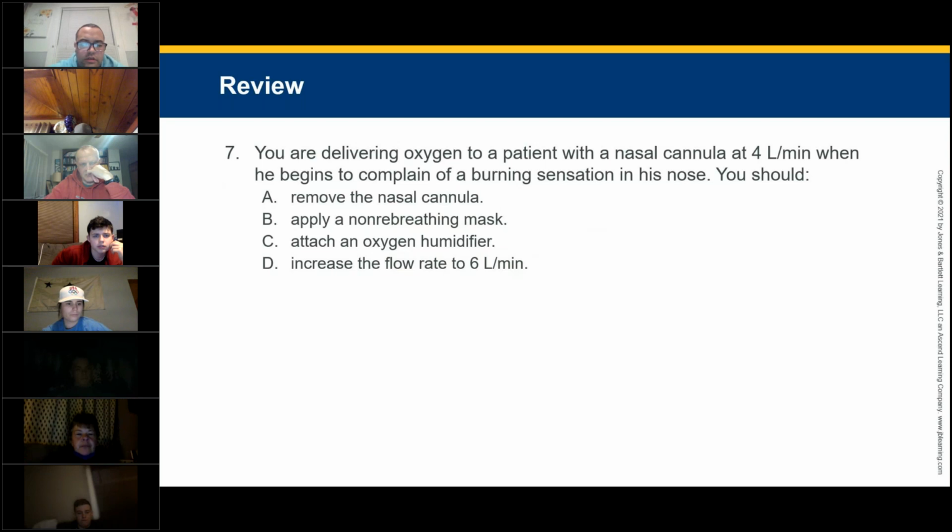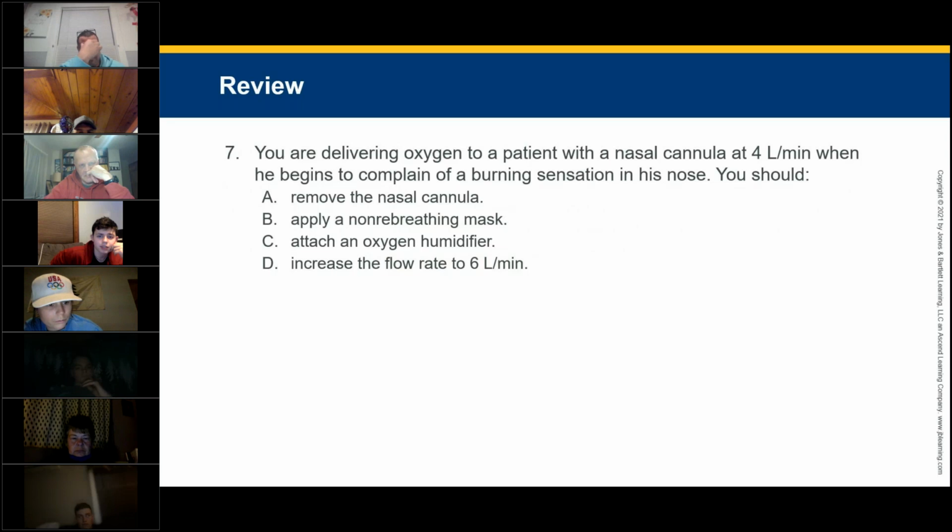You're delivering oxygen to a patient with a nasal cannula at 4 liters per minute when he begins to complain of a burning sensation in his nose. What should you do? Very good.